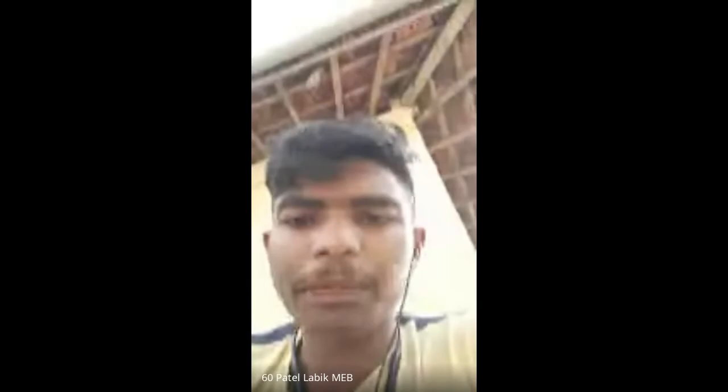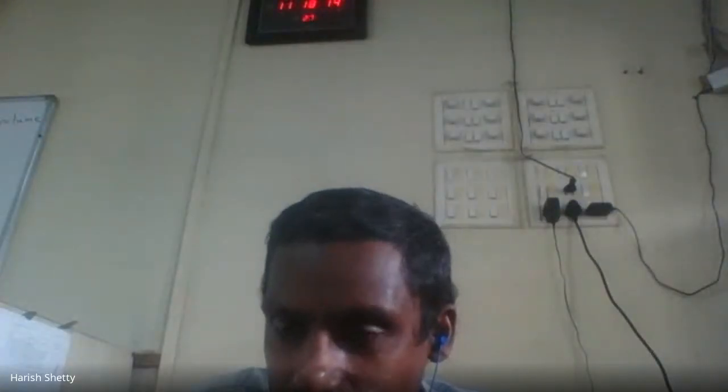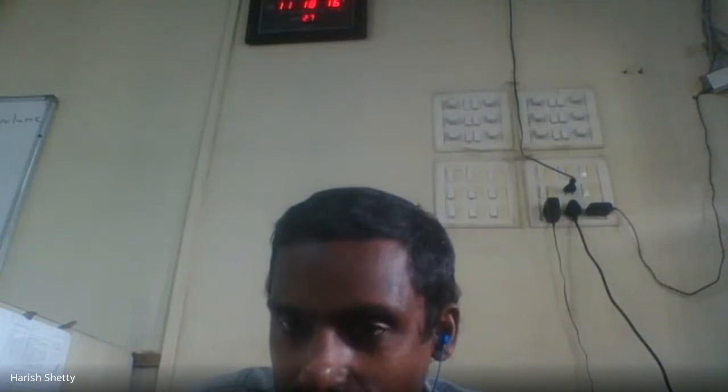Next student, roll number 60, Patel Mohammad Labib. हाँ सर. Video और mic को on कीजिएगा please. In PN junction diode as forward bias, what are the two resistances we are finding? सर क्वेश्चन रिपीट कर लो. In PN junction diode as forward bias, what are the two resistances we are finding in the experiment? सर क्वेश्चन वापस रिपीट करो ना.